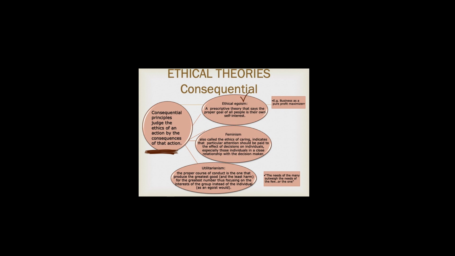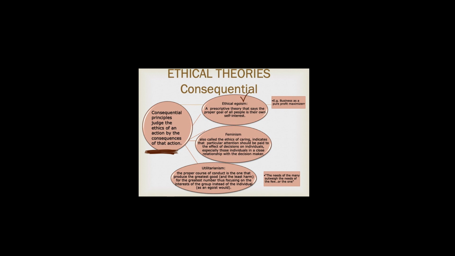So the focus, for example, for a business is pure profit maximization. Now, there can be other less, or what we call enlightened self-interest, where although the ultimate goal is profit maximization, it may be examined from a more long-term perspective, in that profit maximization over the long term might include looking at the impact of that decision on others.